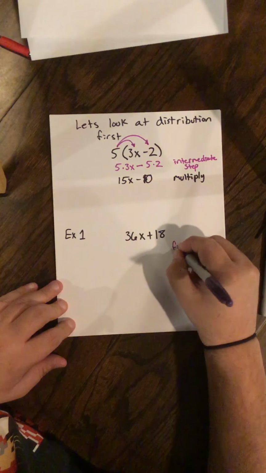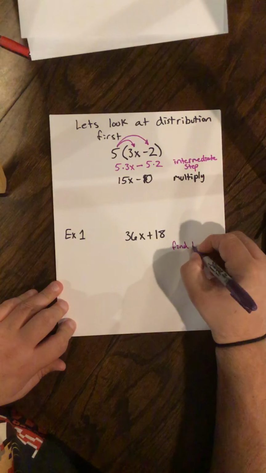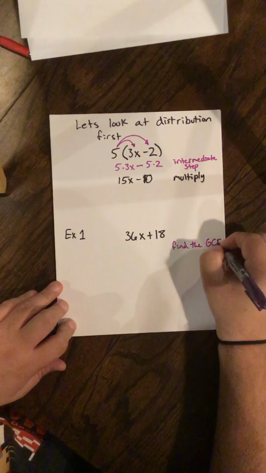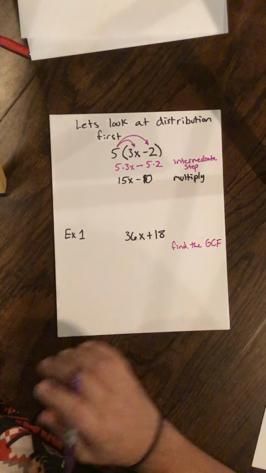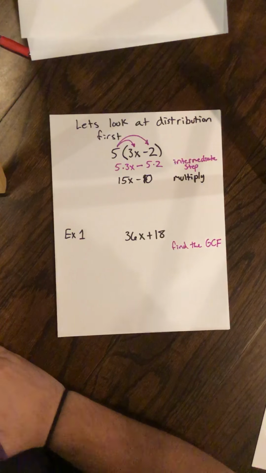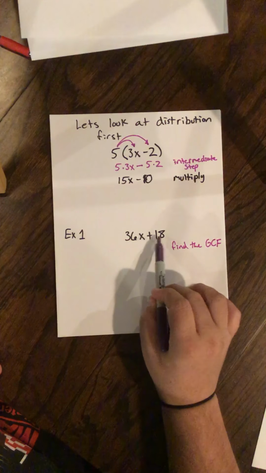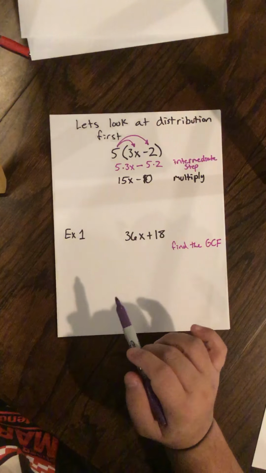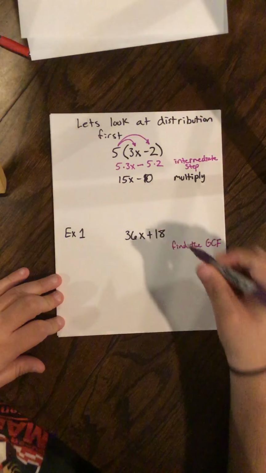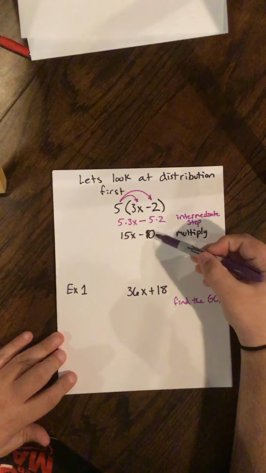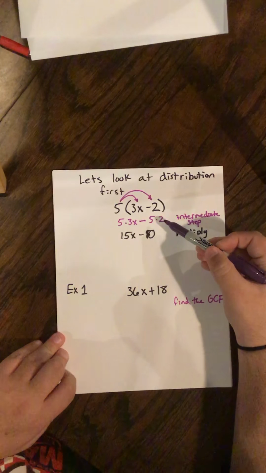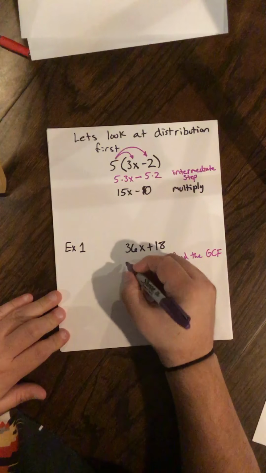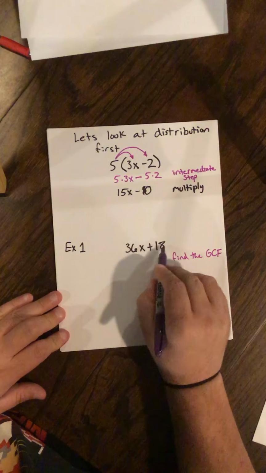So first we're going to find the GCF. Okay, that's going to be the first step. And the greatest common factor between 36x and 18 is actually 6. So we're going to go from, remember, we're going from this to this now, because I want to be able to see the progress. So we're going to factor out a 6 from both of these terms.